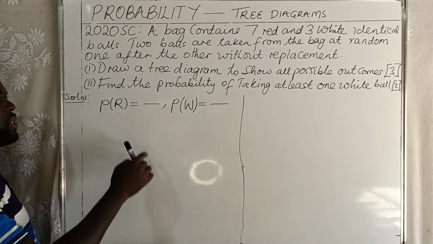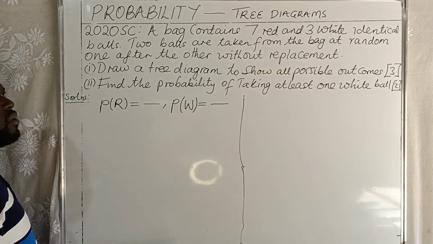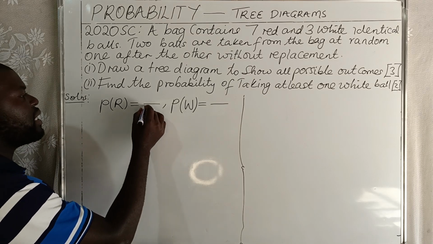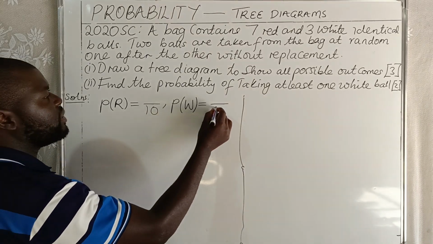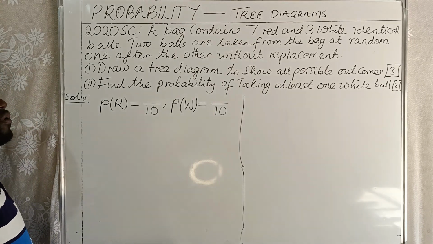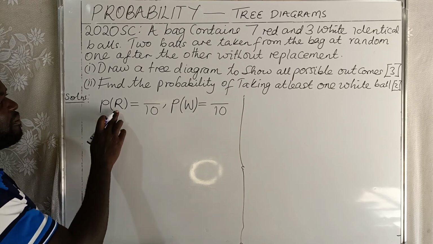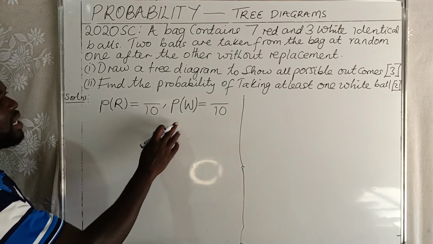So we shall say 7 plus 3 and we shall get 10. This will be the denominator for both probabilities, that of picking a red ball and that of picking a white ball.